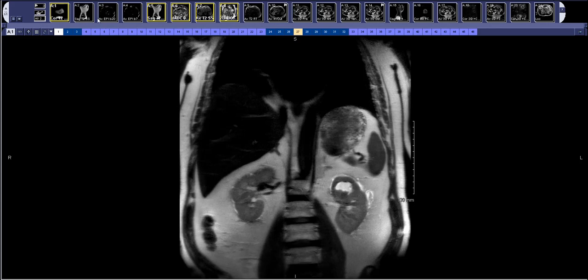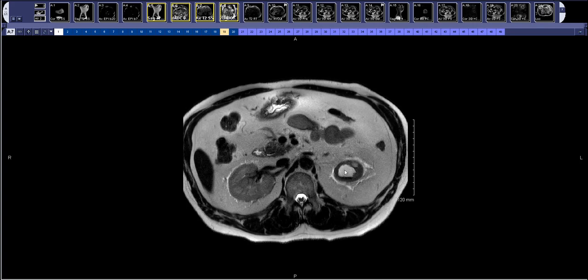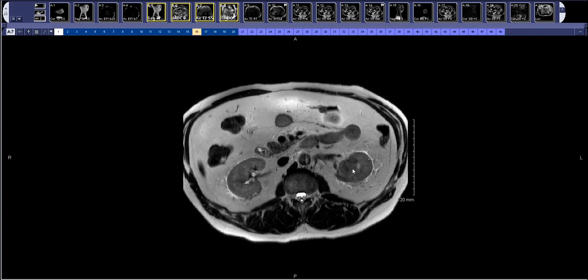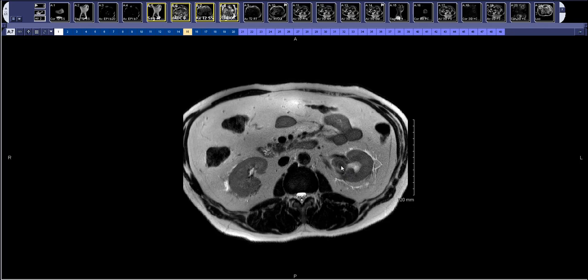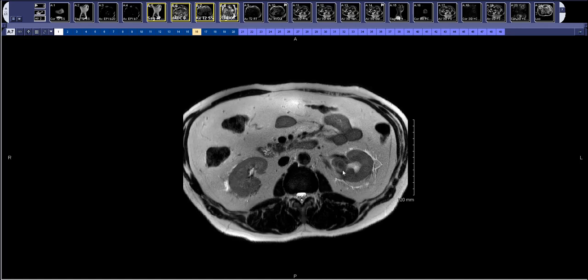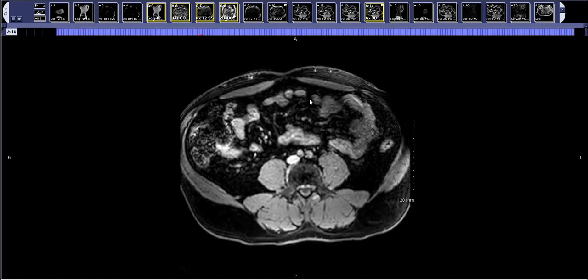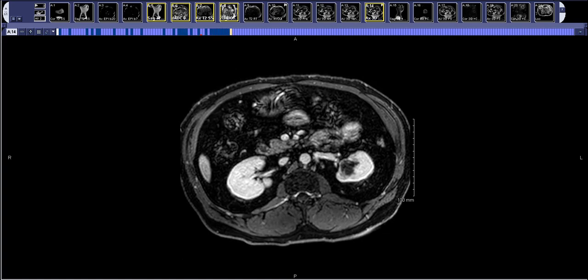If we look at our axial T2, you can again see those dilated calyces in the superior pole, and then we have this round intermediate T2 signal mass within the collecting system of the left kidney. We'll skip through everything else and go on to our post-contrast.